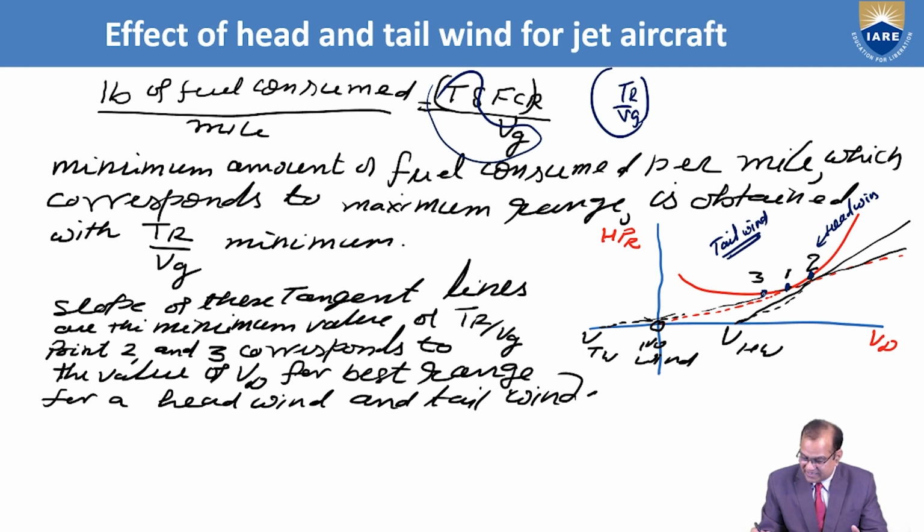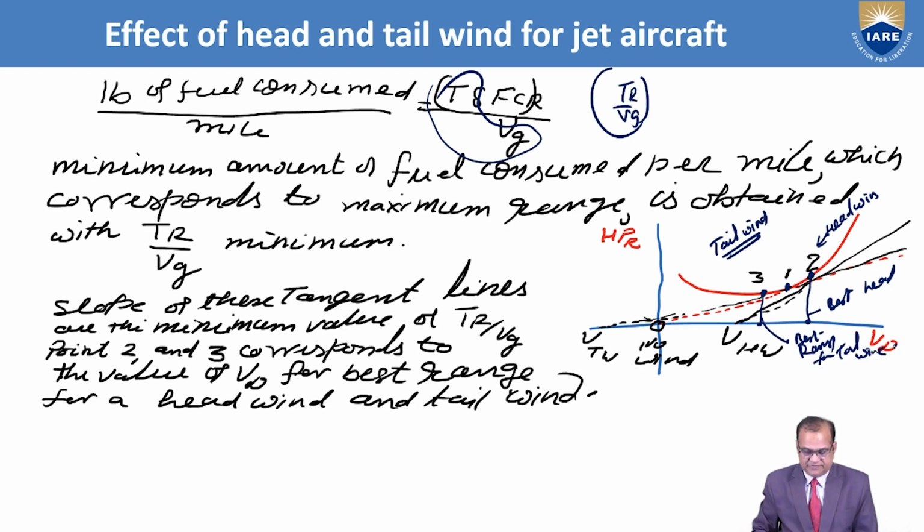So if you are flying at this speed or at this speed, this is the best range for headwind and this is the best range for tailwind. Accordingly, we have to work on it.